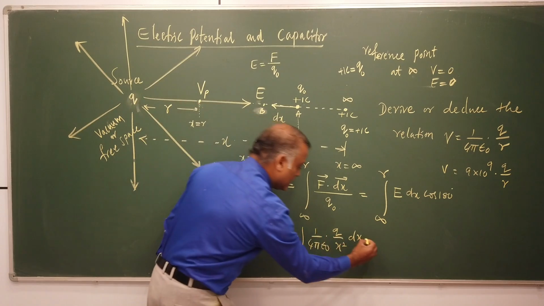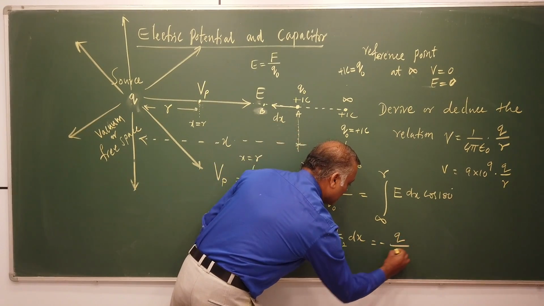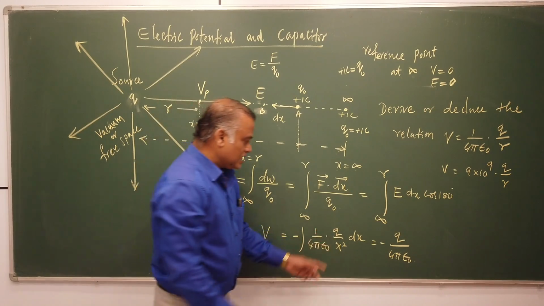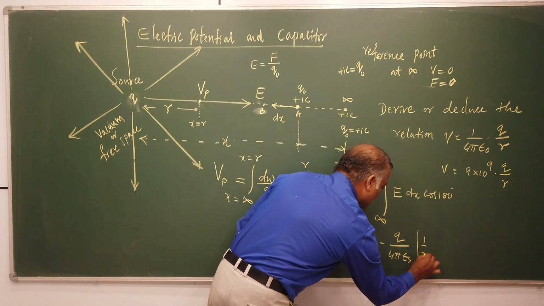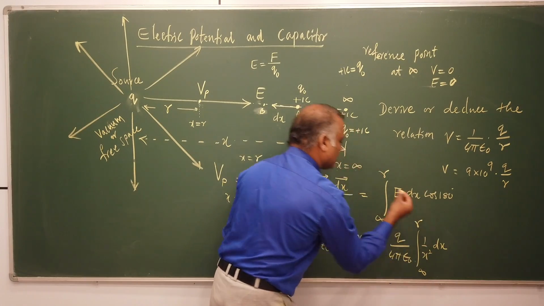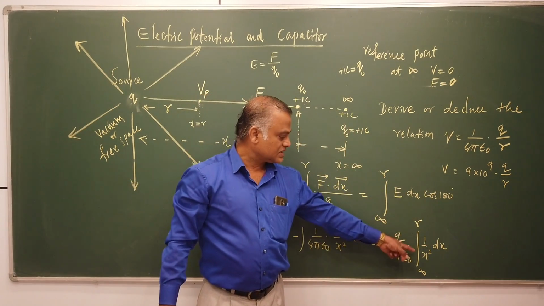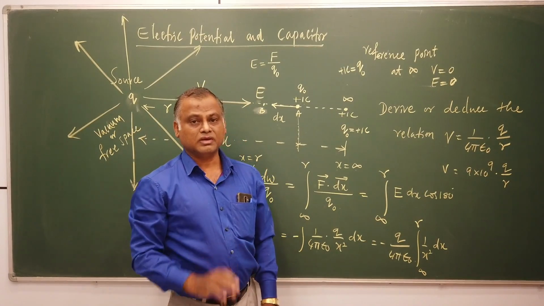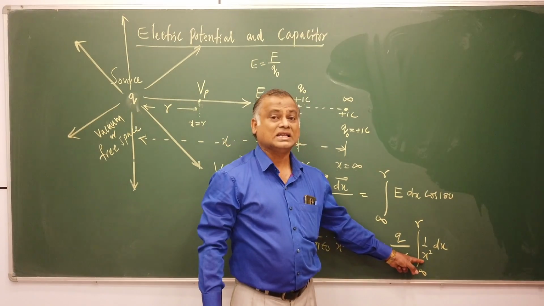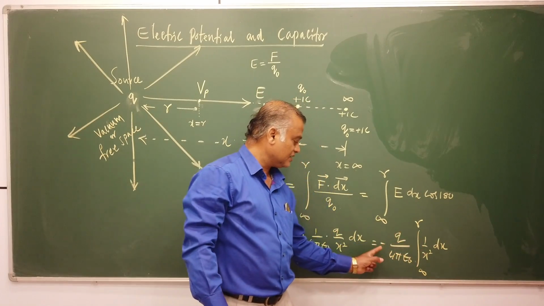Take them outside: minus q divided by 4 pi epsilon naught. What is left is the integration of 1 by x square with respect to x from infinity to r. The integration of 1 by x square is minus 1 by x. Minus of minus is plus.